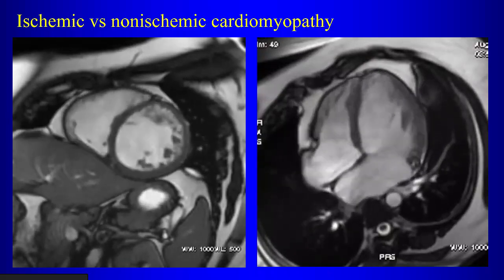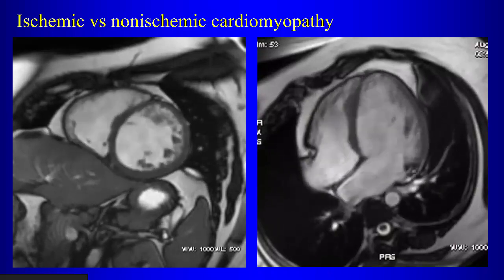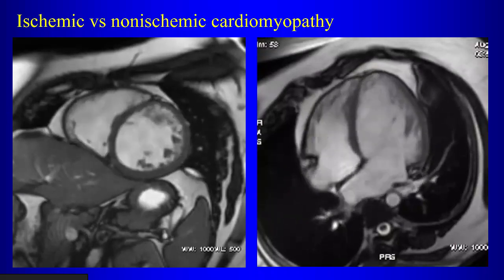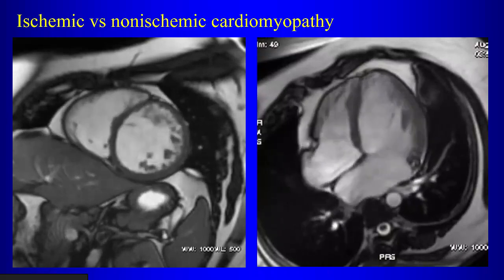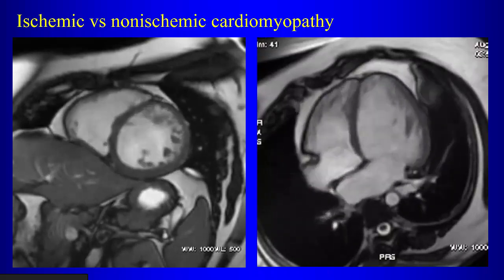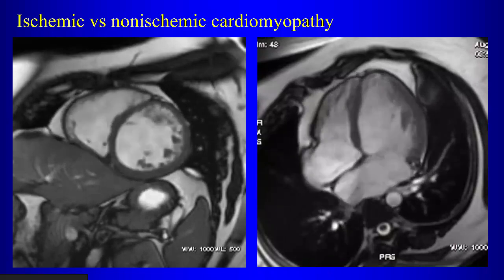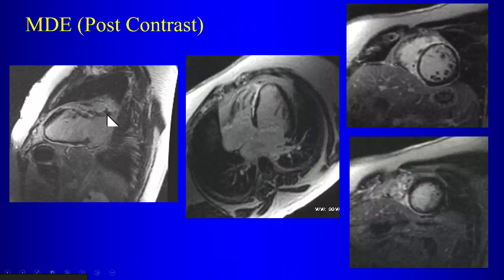So it's usually a sequela of infarction, right? So of ischemia. So we're going to look for that subendocardial enhancement in vascular distributions, as opposed to non-ischemic causes where you might have no enhancement, or you might have a non-ischemic pattern of enhancement, like we have reviewed.